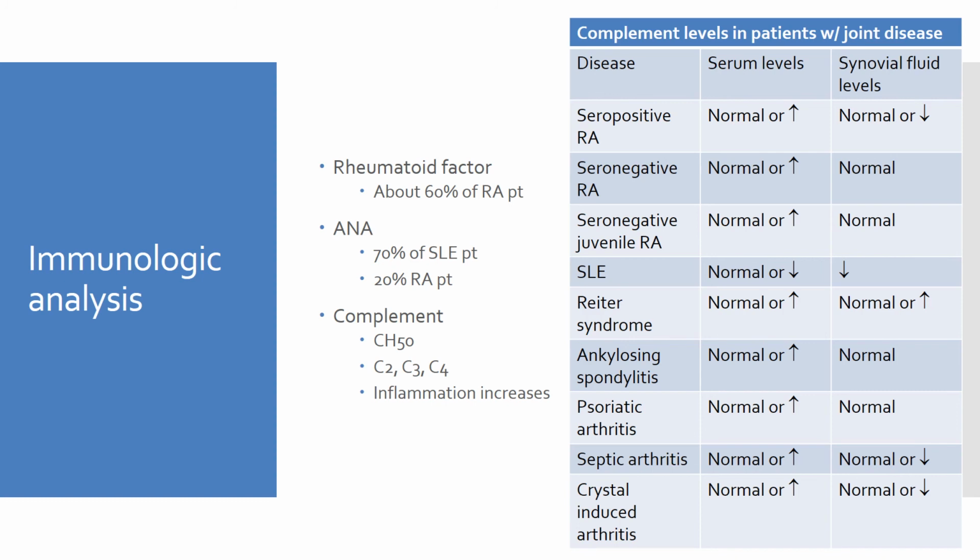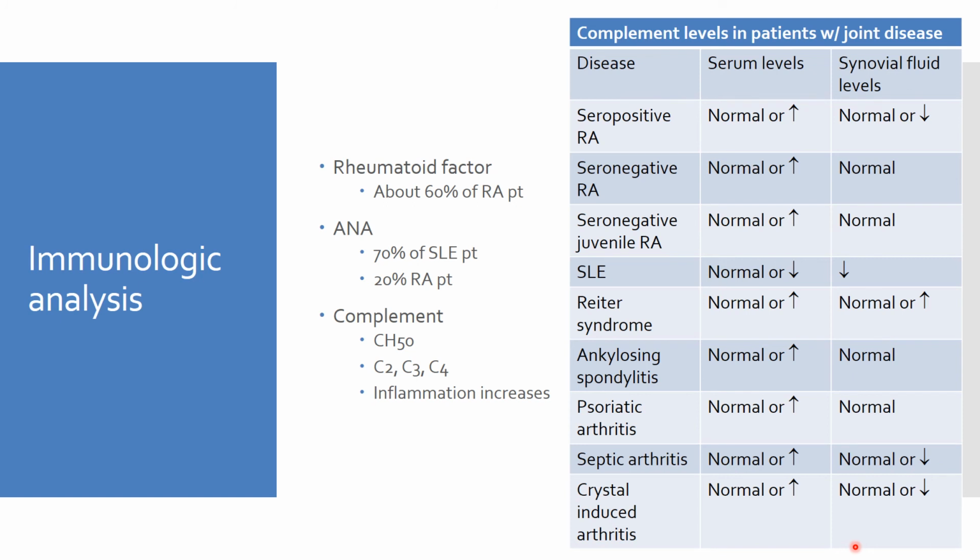And if you look at this chart that we give you, we're telling you what the serum levels and the synovial levels are with the different disease states. So you have RA, which can be seropositive or seronegative, and that means whether you actually have an RA factor present.